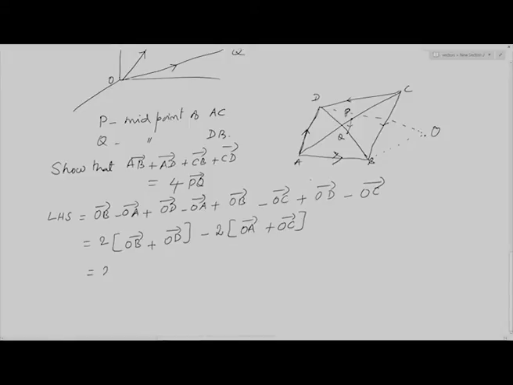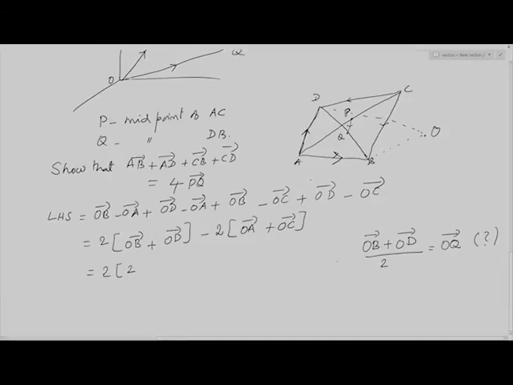2 times OQ, because I will prove it later, if I take the average of these two vectors, OB plus OD by 2, it is equal to OQ, the midpoint. How this is, let us see now.